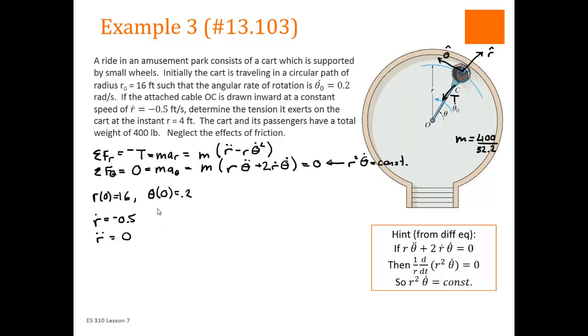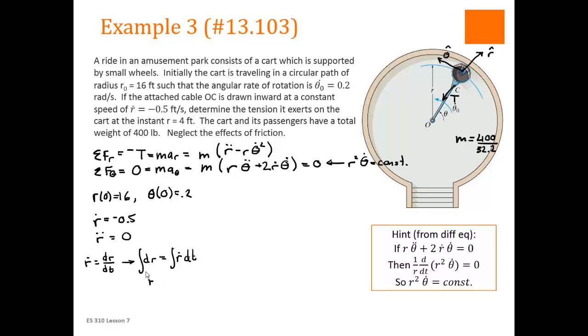So how do we get to r from r dot? We integrate. So if r dot is equal to dr dt, then the integral of dr is going to equal the integral of r dot dt.